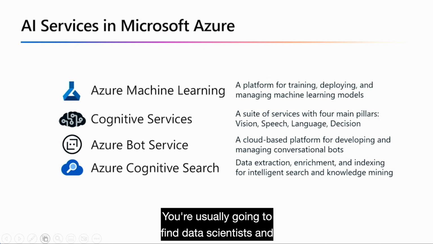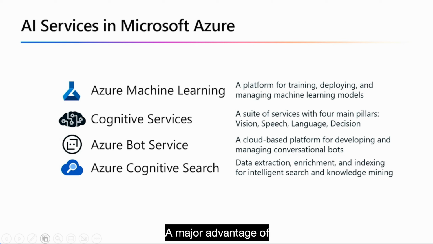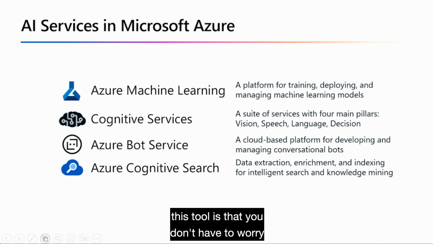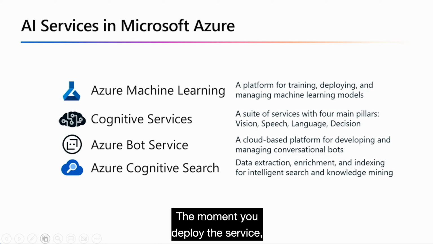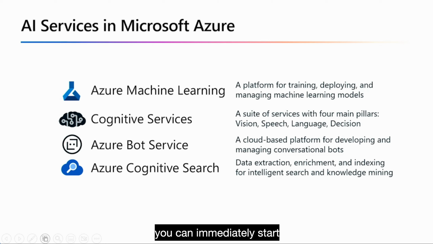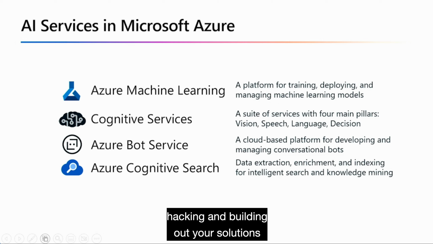And you're usually going to find data scientists and data analysts playing around with this tool. A major advantage of this tool is that you don't have to worry about spending any time setting up the environment. The moment you deploy the service, you can immediately start hacking and building out your solutions using the tools inside of the Azure Machine Learning environment.